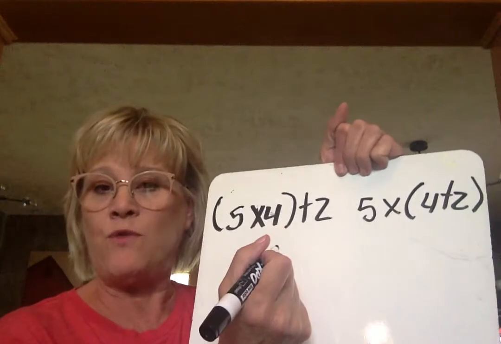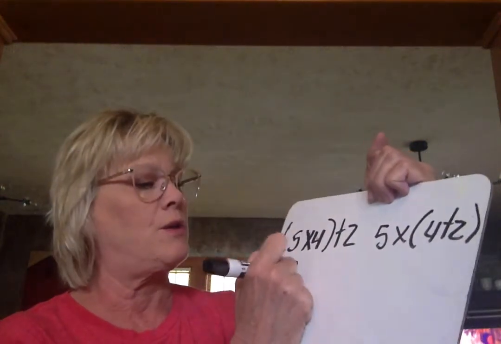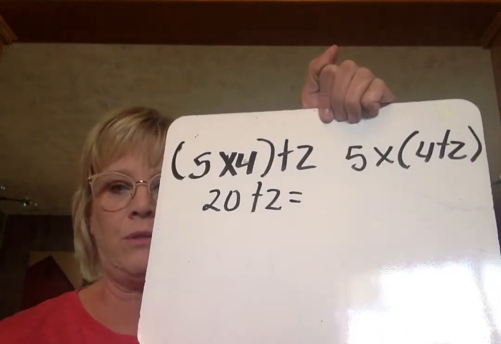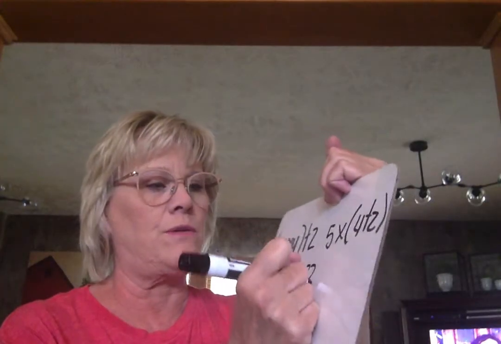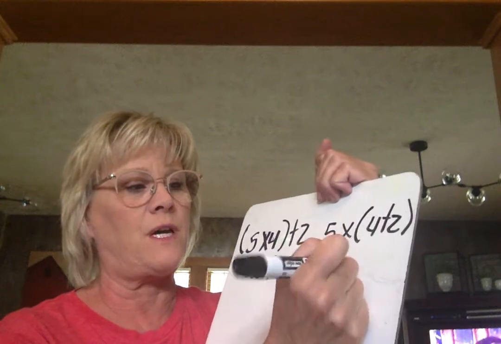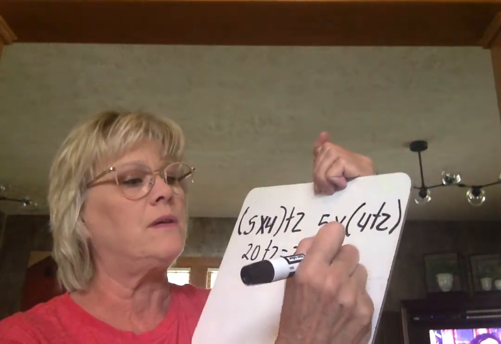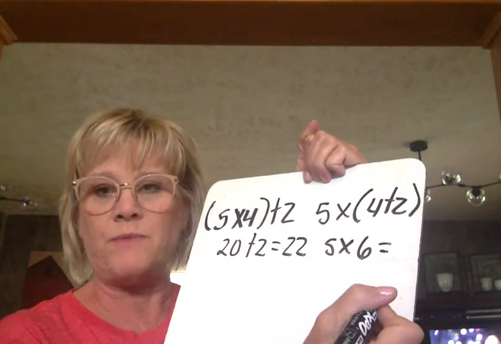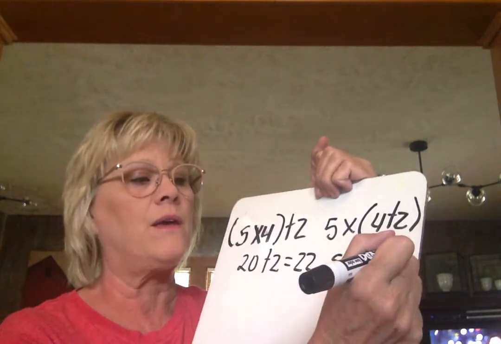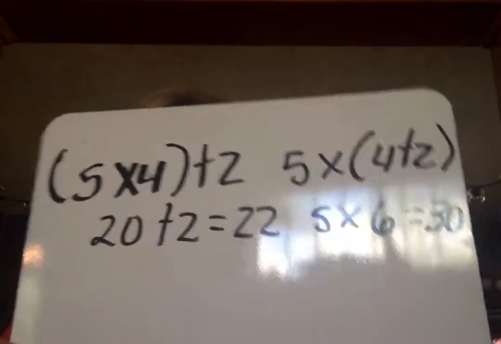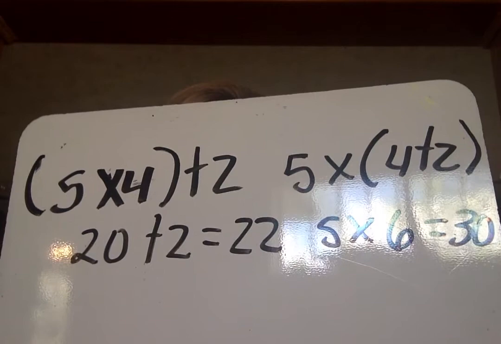What's 5 times 4? 20 plus 2, 22. Now we have 5 times, what's 4 plus 2? 6. What's 5 times 6? 30. Okay.